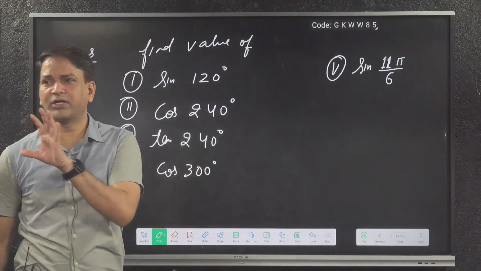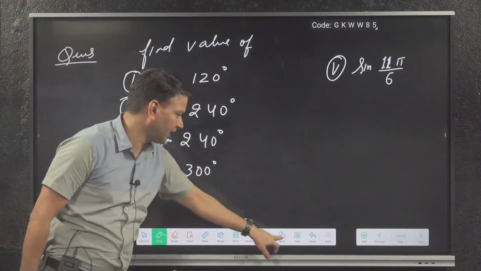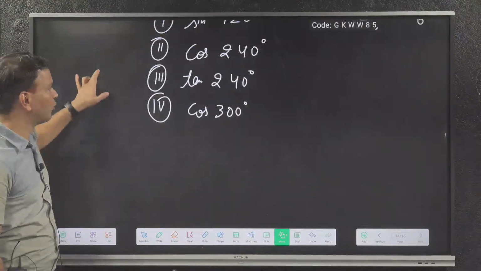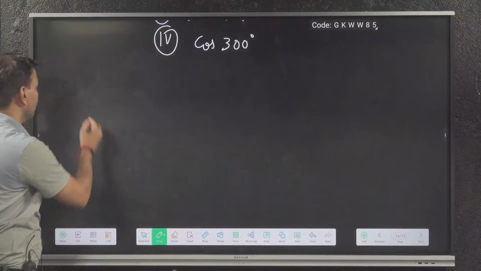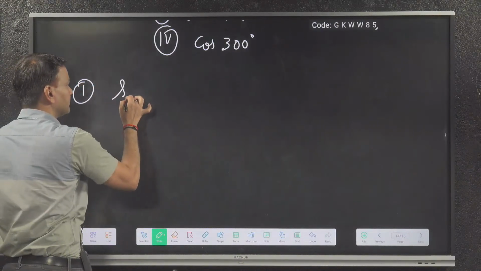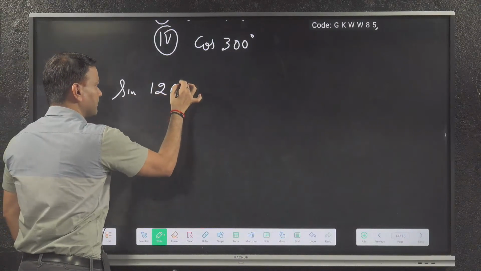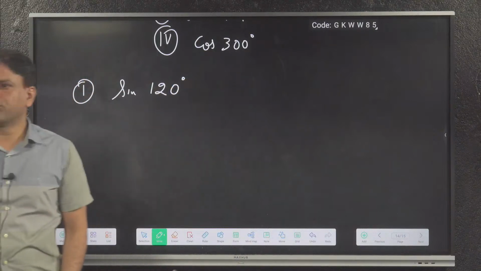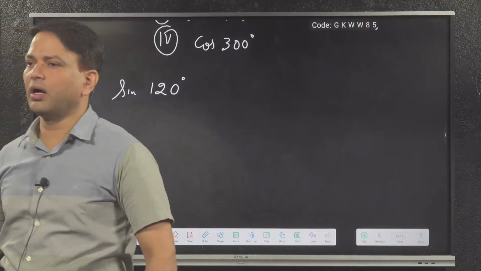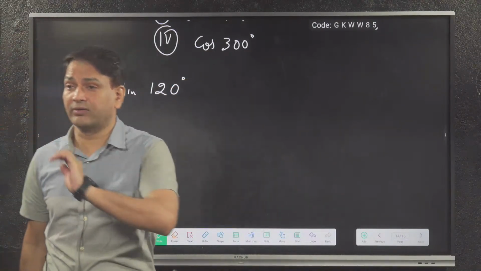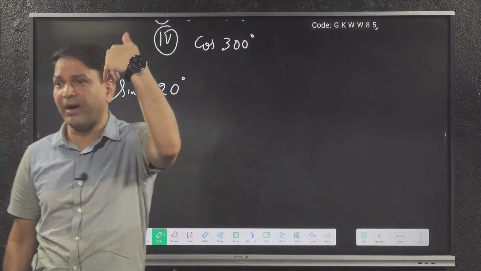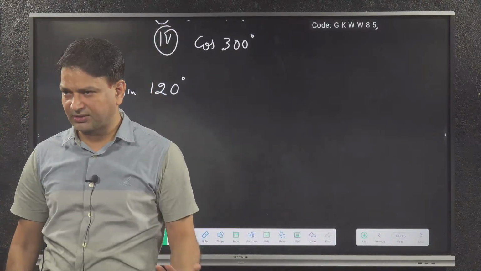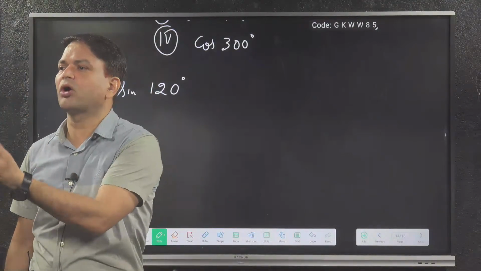So one I will show, sine 120 degree. 120 is more than 90. So I can write 120 as, what I said, we will try to split into 180 minus or 180 plus or 360 minus or 360 plus.